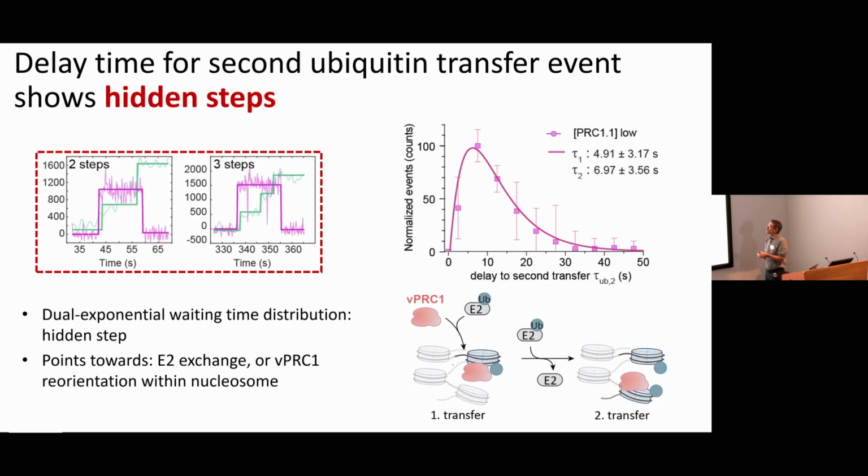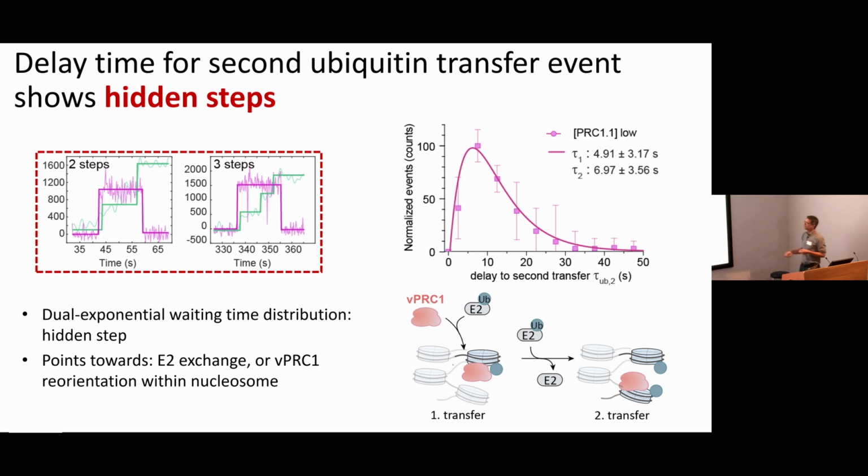Now we can also look at the delay times if we have two steps or more. We have one transfer; how long would it now take for the second transfer to occur? If we take histograms of this, we see a dual exponential behavior with a maximum time, and that generally indicates that there is a hidden step that we don't observe directly.